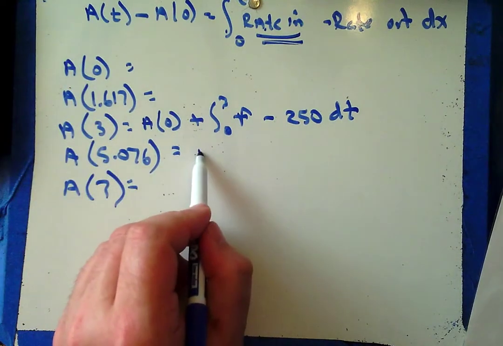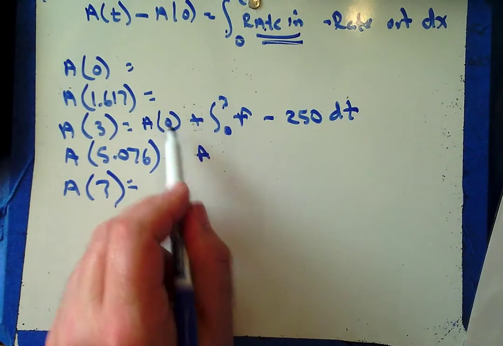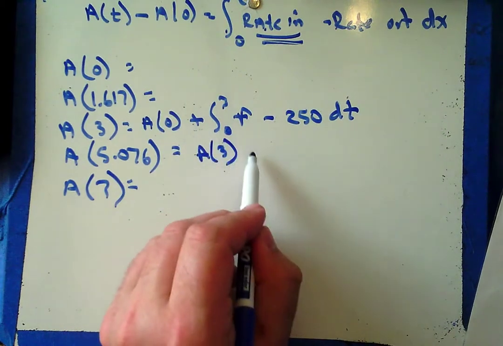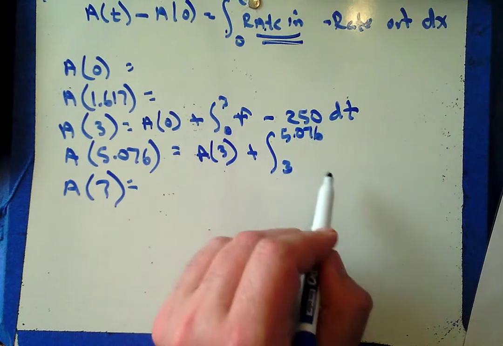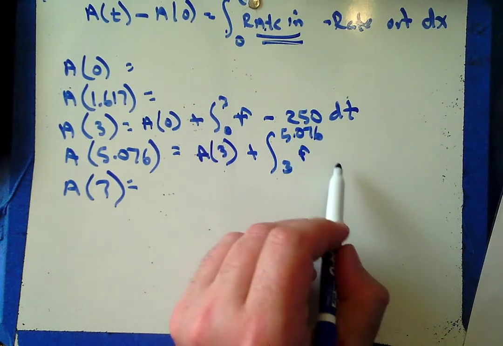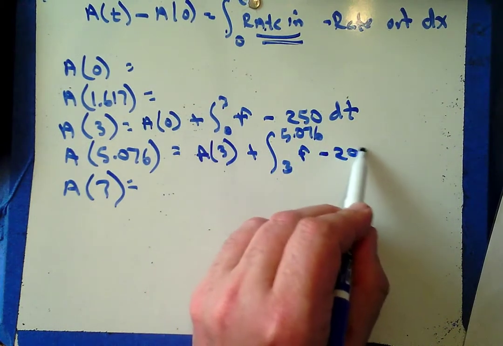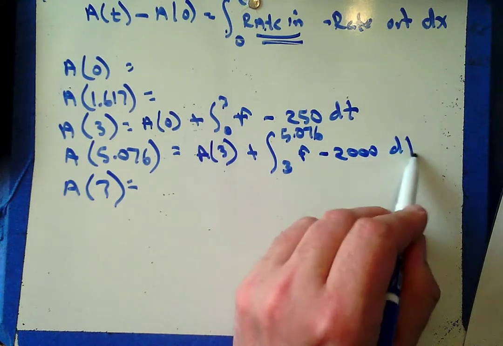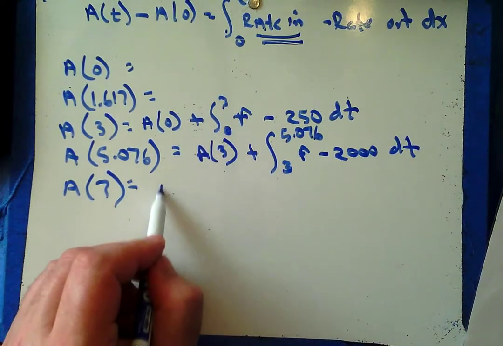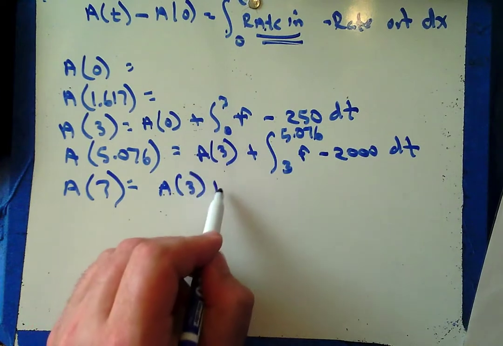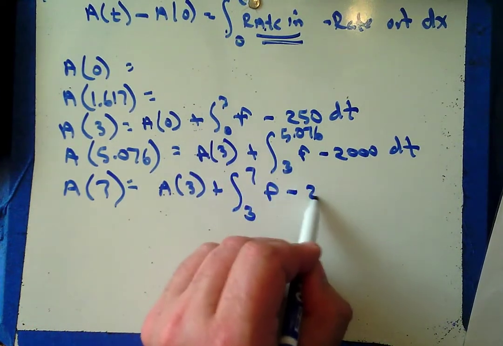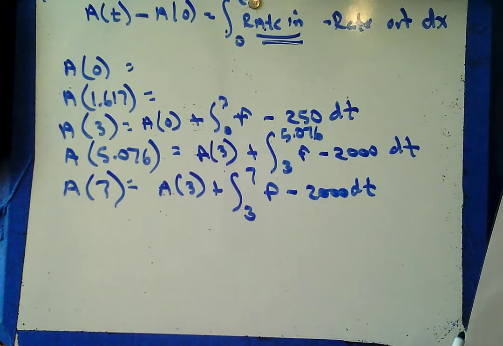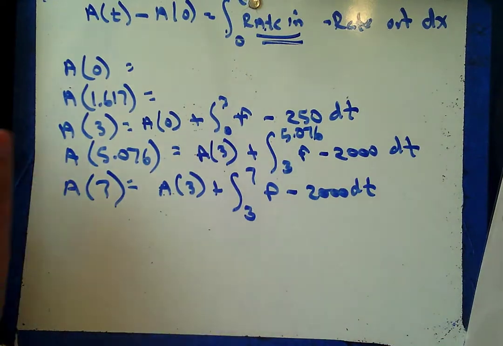And so I think I want to change this not to be A of 0 anymore, but to be A of 3 plus the integral from 3 to 5.076 of f minus 2000 dt. And so this one would be A of 3 plus the integral from 3 to 7 of f minus 2000 dt. Okay, so let's see what we get for these different values.